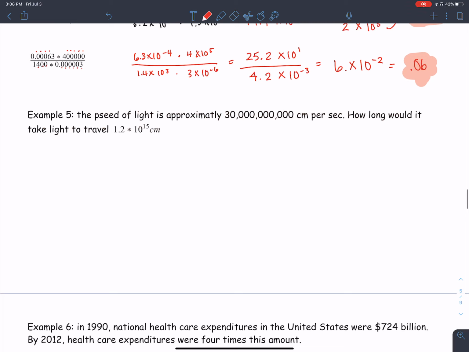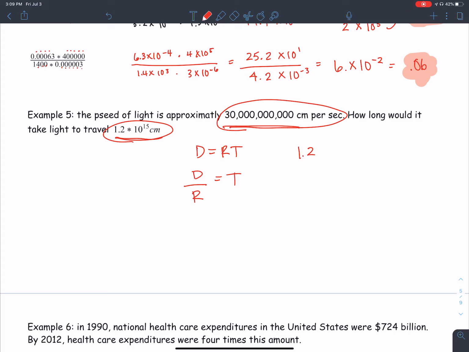All right. The speed of light is approximately that many centimeters per second. How long would it take to travel 1.2 times 10 to the 15 centimeters? Remember, distance equals rate times time. So this would be our rate, this would be our distance, and we're solving for time, so time equals distance over rate. We're going to do 1.2 times 10 to the 15 divided by, and we want to change this to scientific notation. So the scientific notation would be 1, 2, 3, 4, 5, 6, 7, 8, 9, 10.